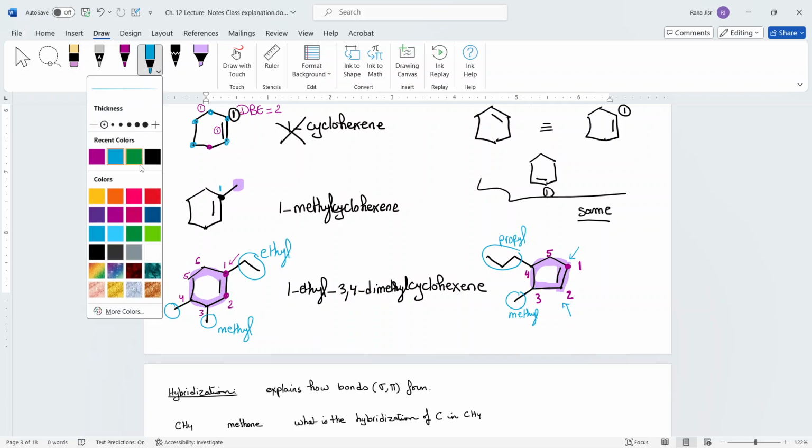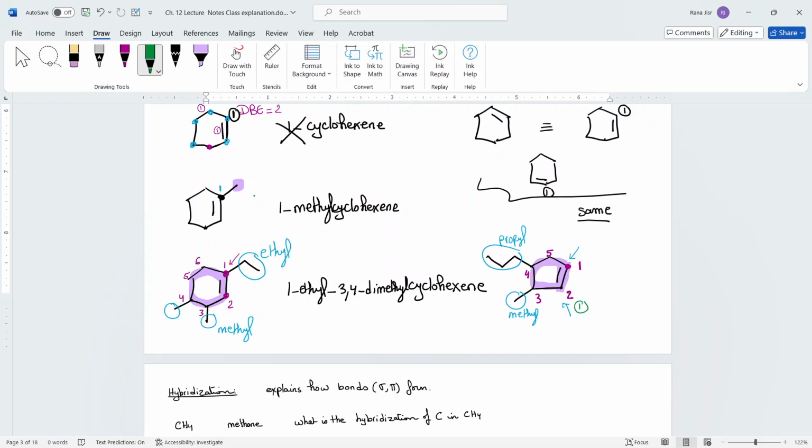If I number it from, let's say, from this side over here, from this carbon, then that is going to be 1, this is going to be 2, this is going to be 3, and that is going to be 4, and that is going to be 5. This is more carbon numbers than the other route.